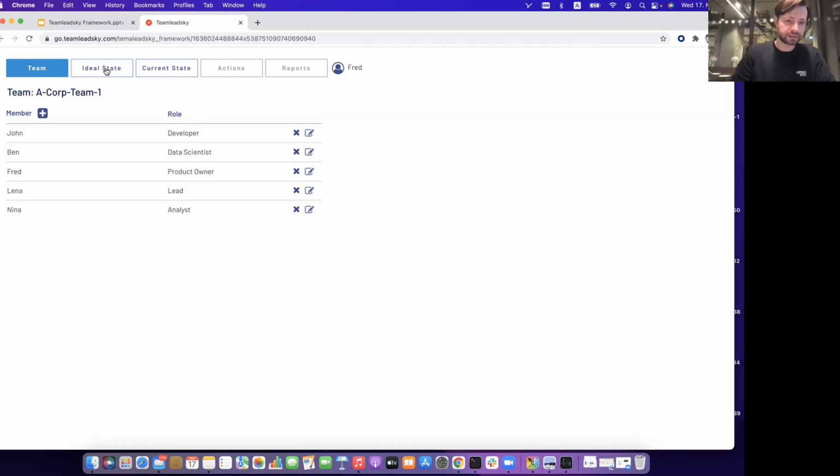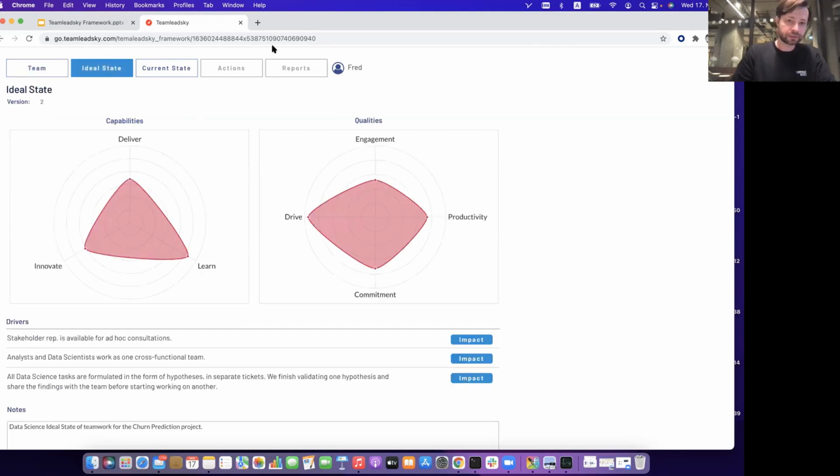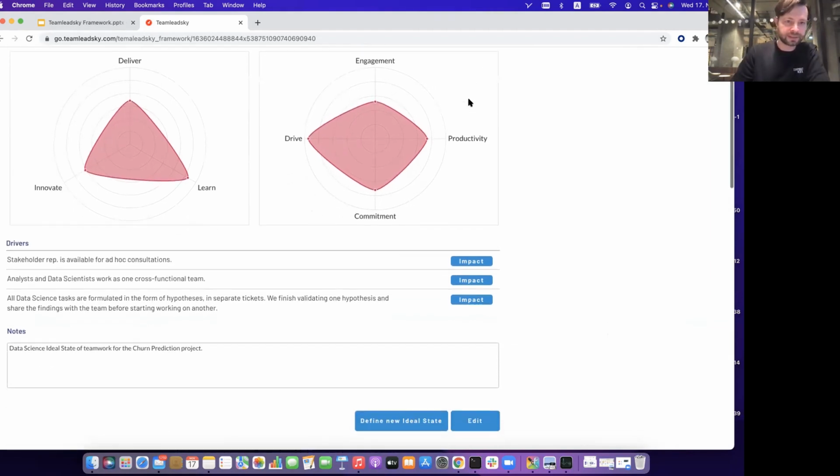And let's look at their ideal state that they have defined. Let me make sure that I'm sharing this particular page. Yes, that works. Okay. So let's look at the ideal state that the team has defined.